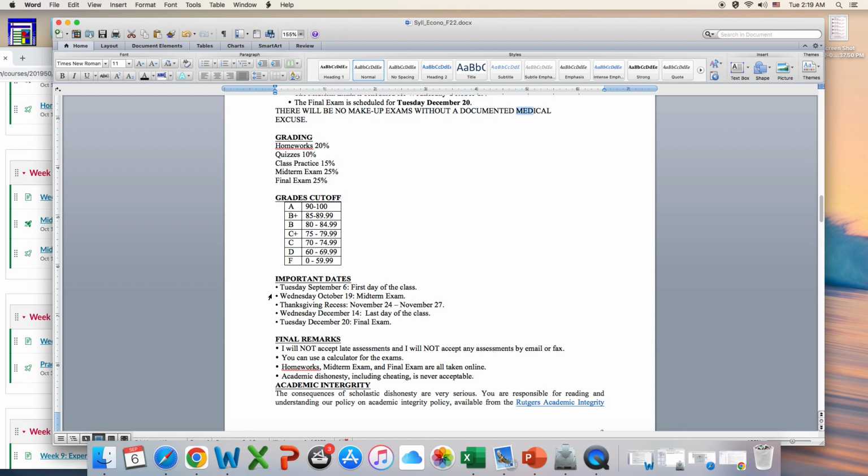These are important dates to remember. So today is the first day of the class, okay, September 6th. And you have October 19, the midterm. We have the Thanksgiving recess, November 24 to 27.